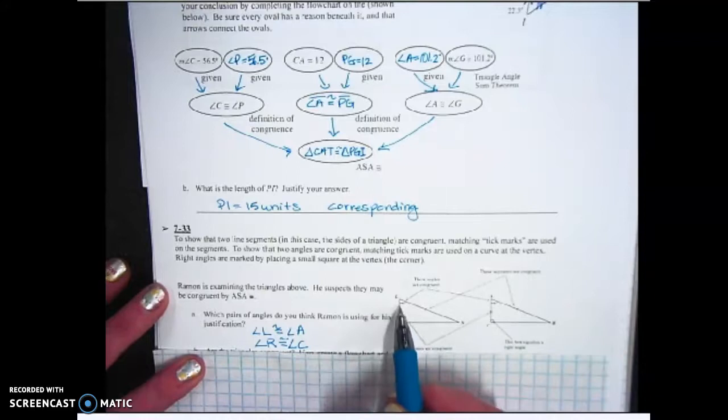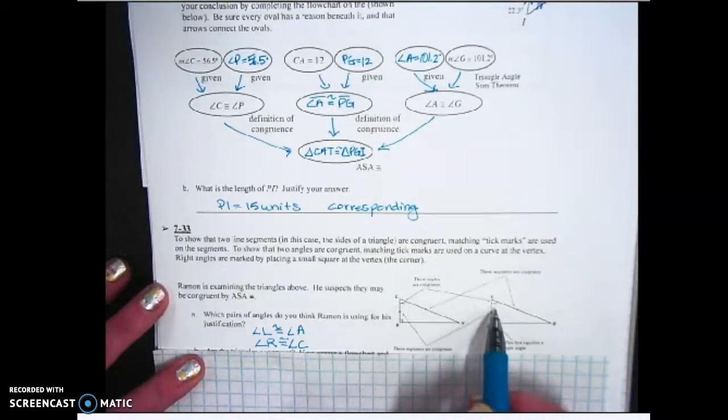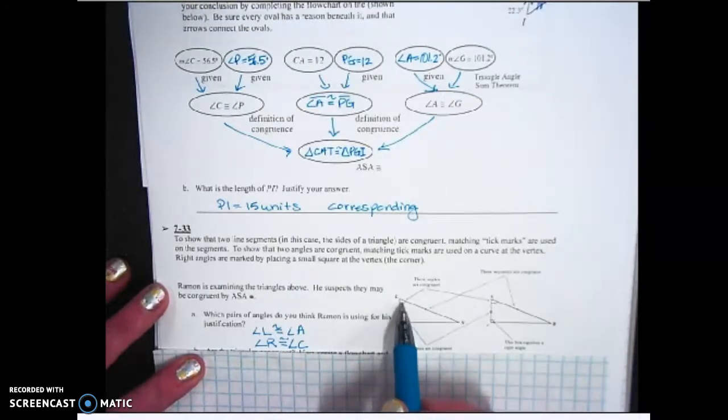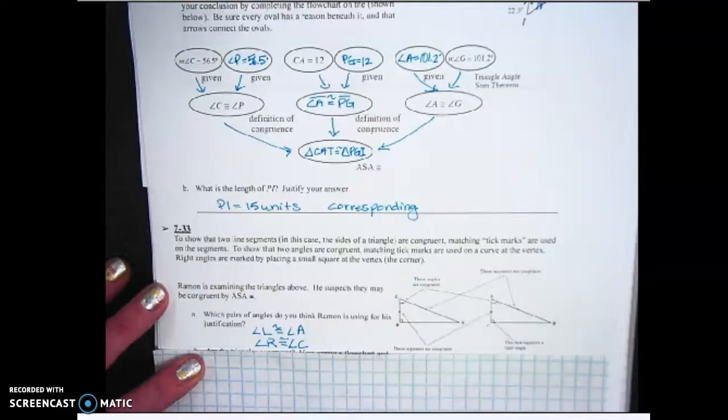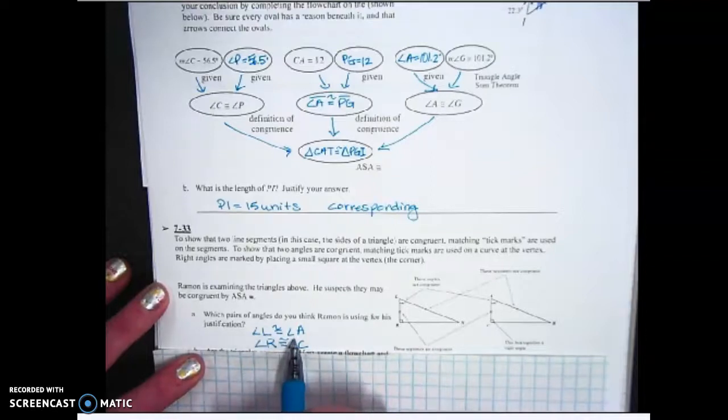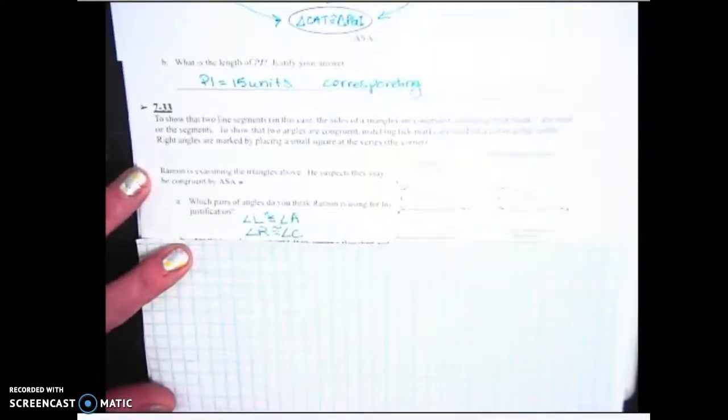But if you look up at L and A, it's got that little arc with a tick and the arc with a tick. That's called an arc mark and a tick mark combined. So angle L and angle A are going to be congruent because of those tick marks and arc marks. Let me make it just a tad bigger.